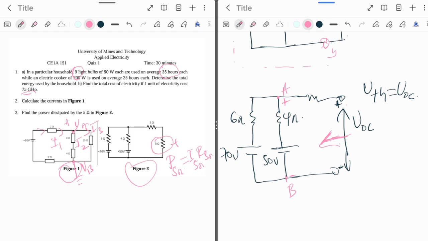because this part here I'm interested in the open loop voltage, so I can solve this by simply saying that the voltage at the node here is VA, and the voltage here is VB.